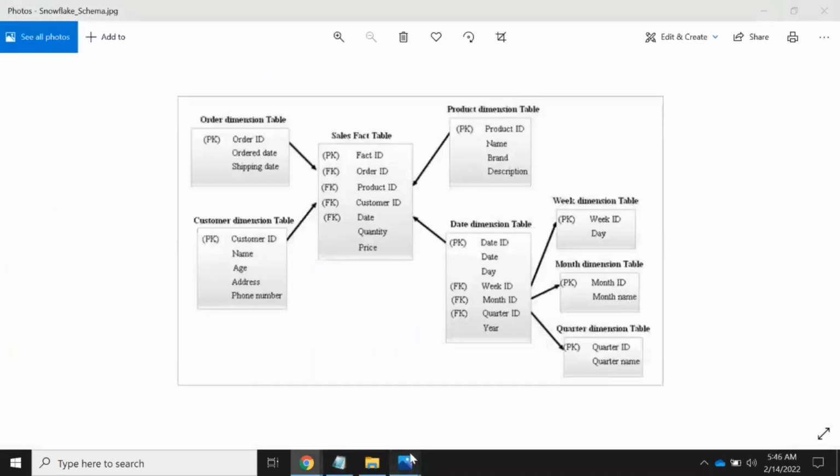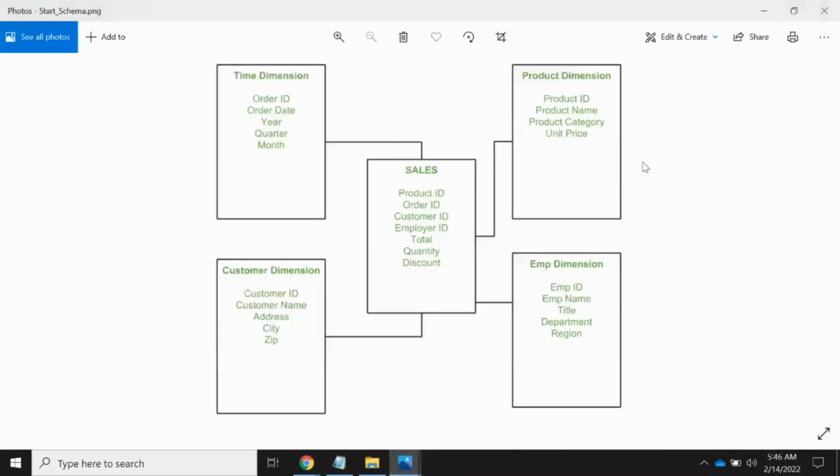This is a star schema. Now we have another schema, the Snowflake schema. Our Snowflake is different, and the Snowflake schema is different, so don't relate the two.